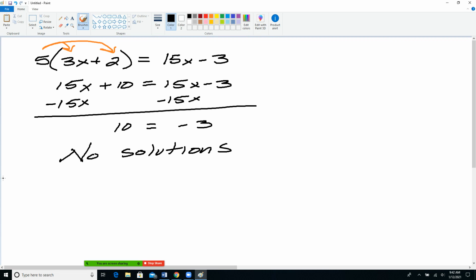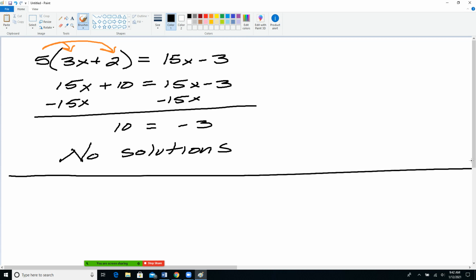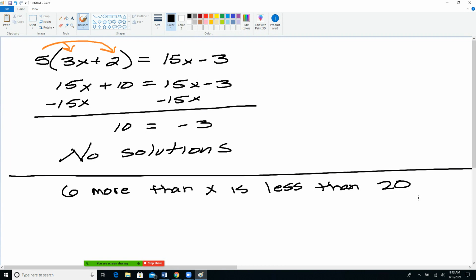So let's say we had something like 6 more than x is less than 20. So we have 6 and then more than x.